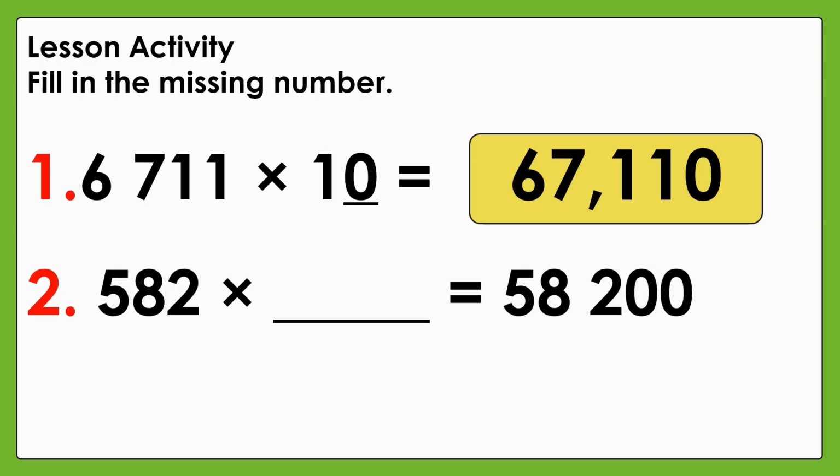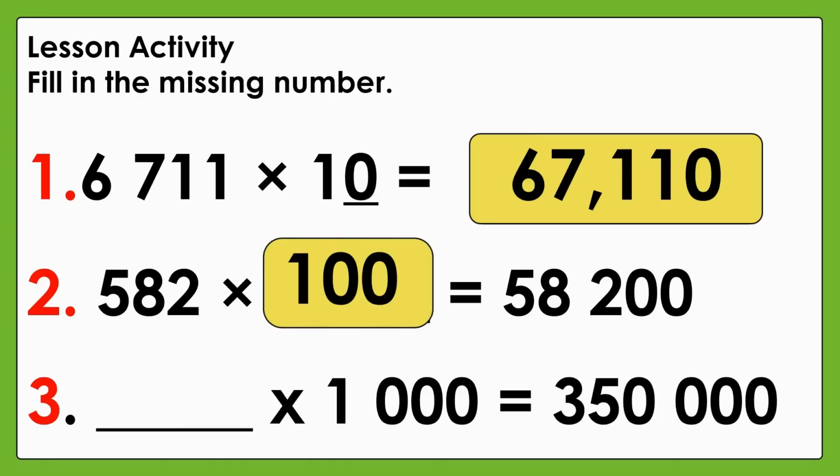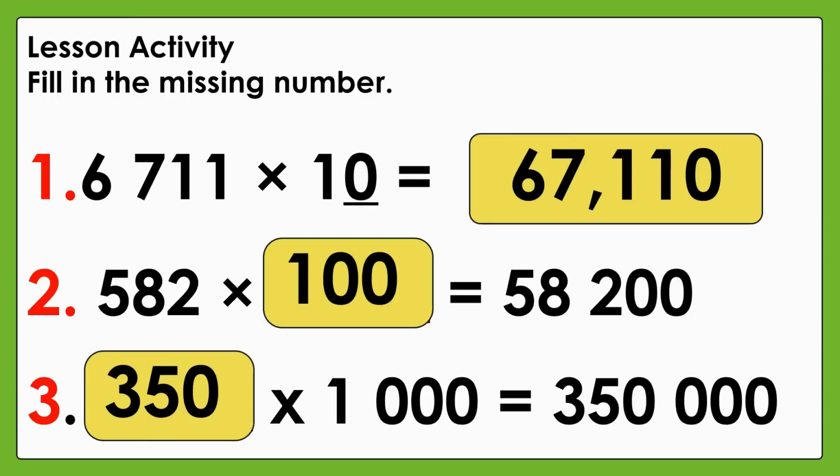Number 2, 582 times blank equals 58,200. The answer is 100. Number 3, blank times 1,000 is equal to 350,000. The answer is 350.